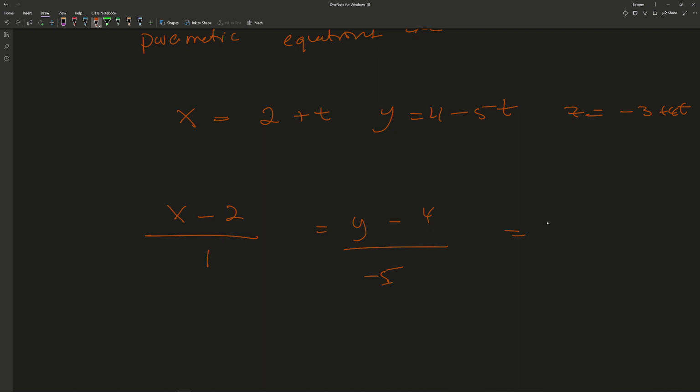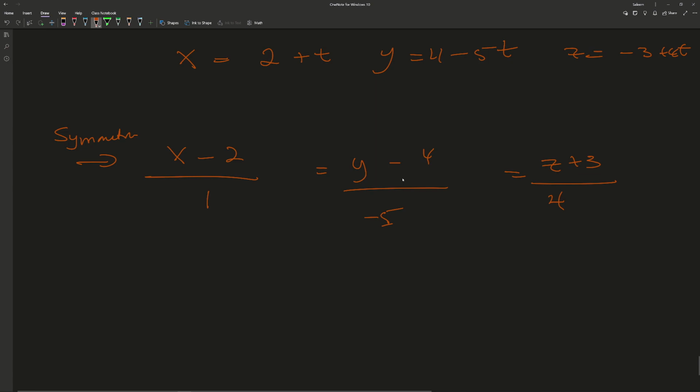And the last one is z plus, because remember it's minus minus, so it'll be plus 3 upon 4. So these now are my symmetric equations. These are parametric equations here. So this is how we would find this.